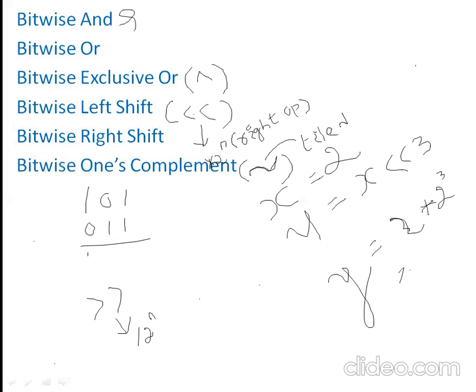It is just like our logical not, which converts a 1 bit into 0 and a 0 bit into 1. If there is 1, it will convert it into 0. If there is 0, it will convert it into 1.